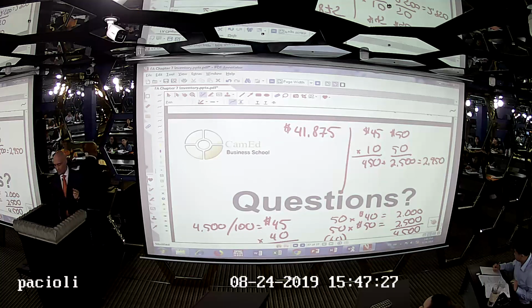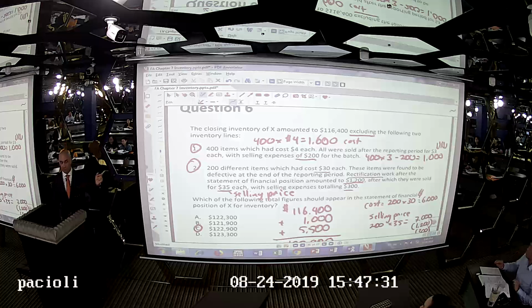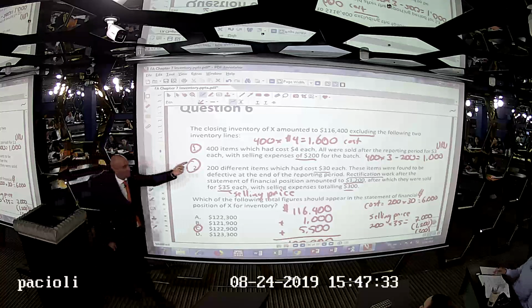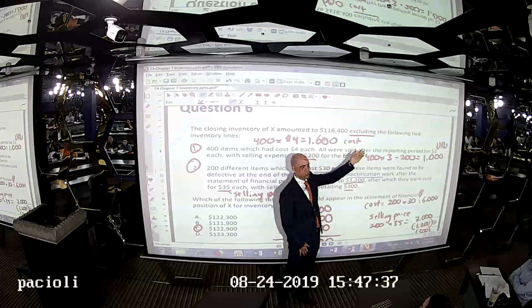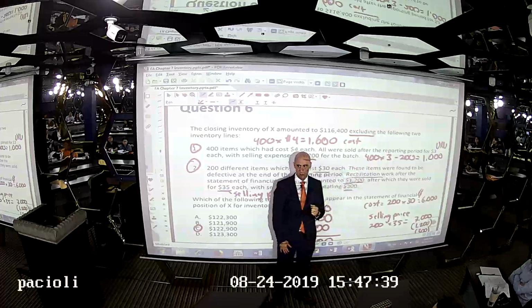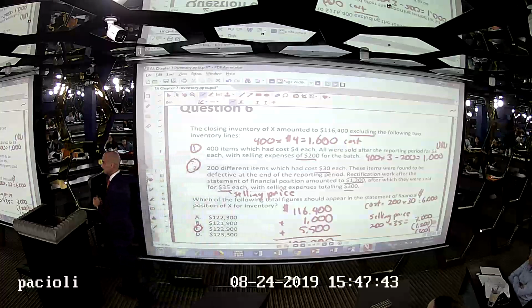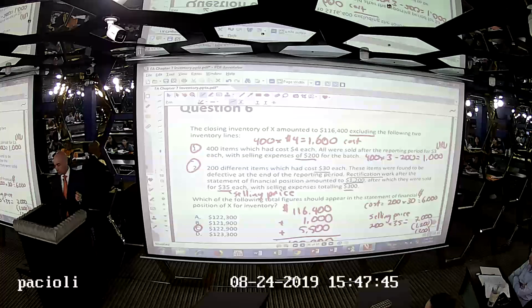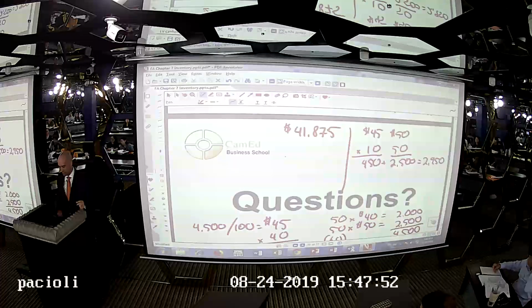And this is a little bit tricky because it's the opposite of the previous question where it said excluding, right? So excluding, we had to add the inventory. But this question says including already. So including already, we need to minus the write-down.